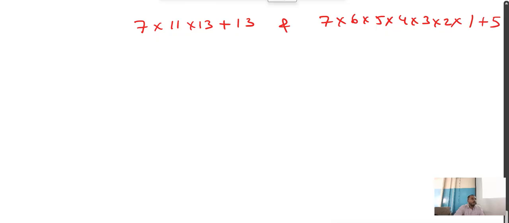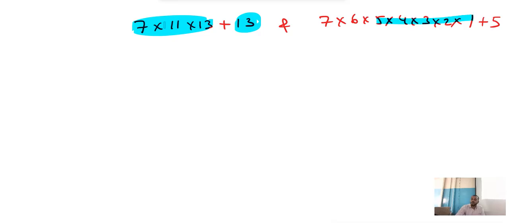See children, very simple. 7 into 11 into 13, this complete is one factor. Plus, after plus whatever it comes, that is another factor. Here also from 1 to 7, these all are one factor, plus 5 is another factor. Now what we can do? 7 into 11 into 13 plus 13, out of it we can take 13 as common factor.